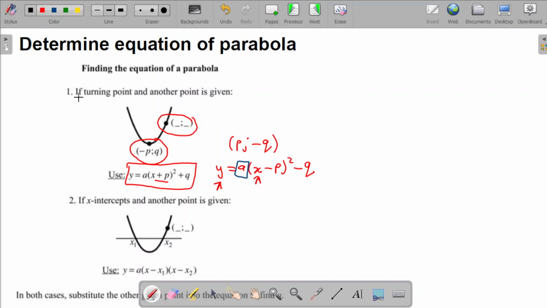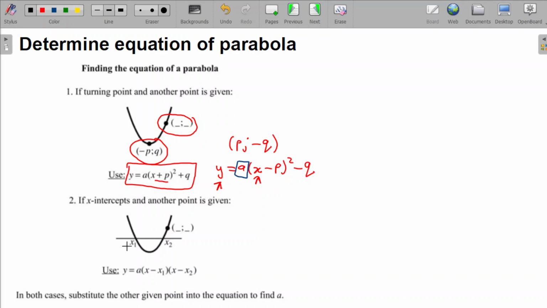Now, if you have the x-intercepts, x1 and x2, and another point in the graph again, it's very important. Your x1 is going to be here and x2 is going to be here.